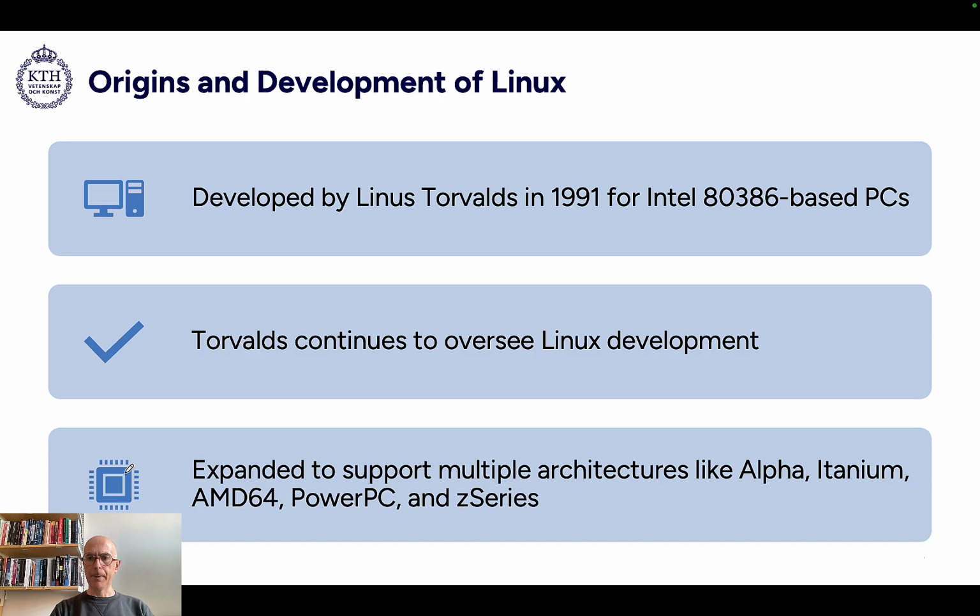If you are as old as me, you probably remember this Alpha architecture, and here we also see a number of, let's say, outdated architectures. Most important is that there exists a new Linux operating system for each new architecture. Off the top of my mind, one of the latest is for the RISC-V processor.